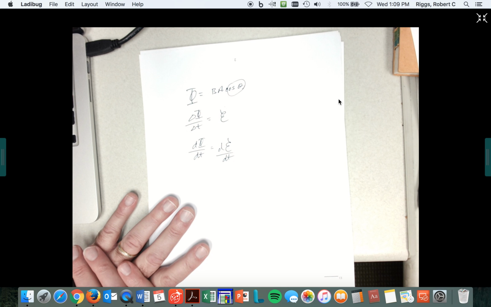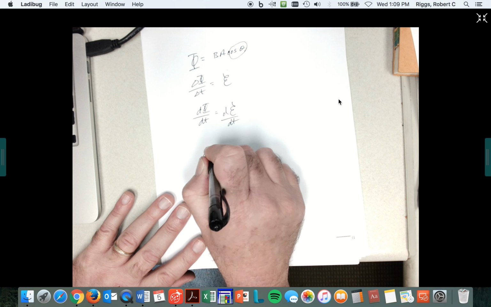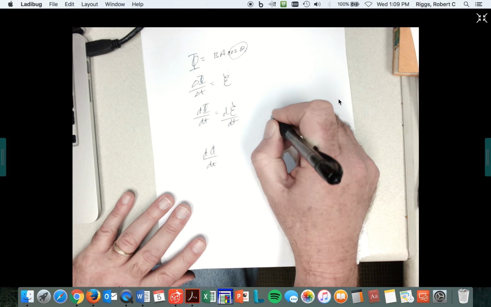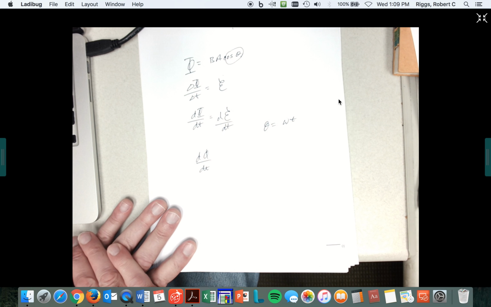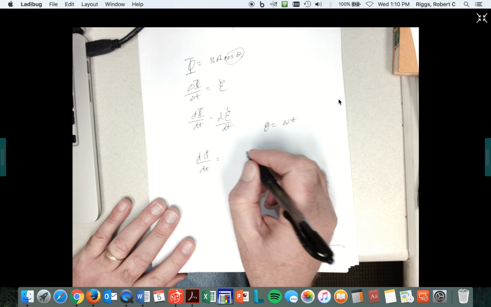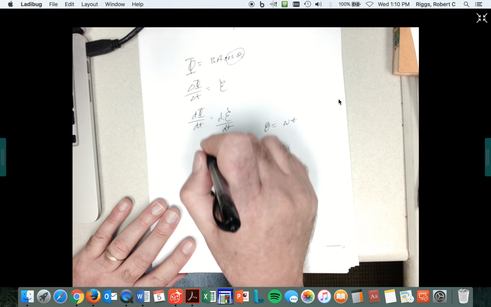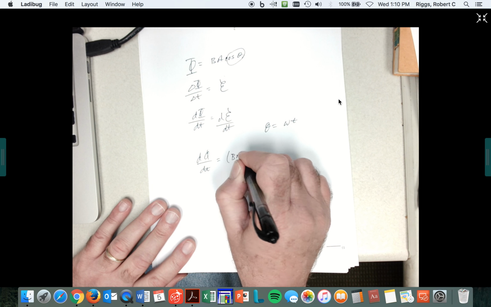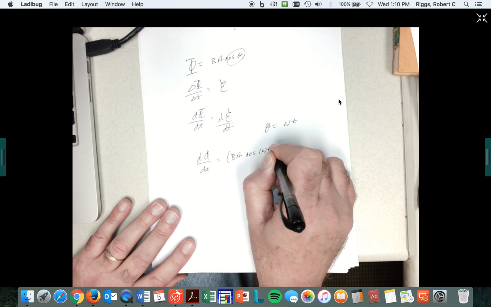All right, so if you take dΦ/dt, first of all, do you remember that theta was equal to omega times t? Its rotation time, remember that? All right, little calculus here. So dΦ/dt, if we take the derivative of BA cosine of omega t, well, guess what?